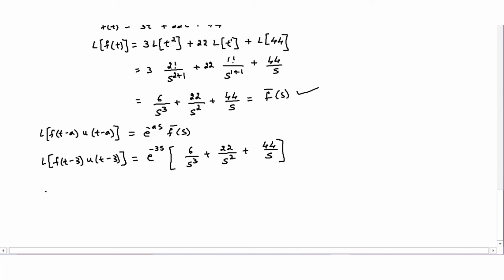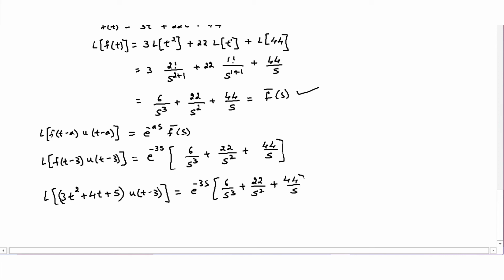Or if I just try to replace this value of f of t minus 3, initially we have taken f of t minus 3 to be equals to 3 t square plus 4 times t plus 5, into u of t minus 3 is equals to, the right hand side will be the same, it is e power of minus 3s times 6 by s cube plus 22 by s square plus 44 by s.